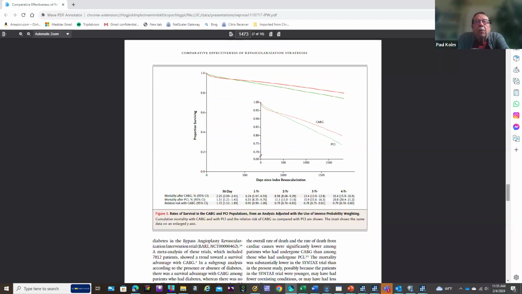we have really non-proportional hazards here because at 30 days, the relative risk with CABG is higher than it is for PCI, 72% higher, in fact. But by the time we get out to 2 years, the risk with CABG is about 20% or so less than it is for PCI.